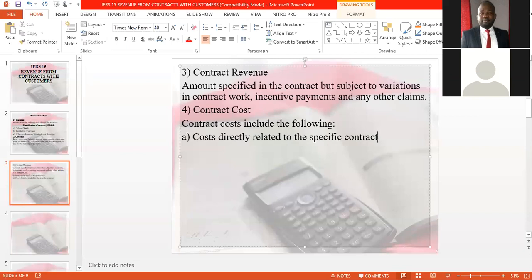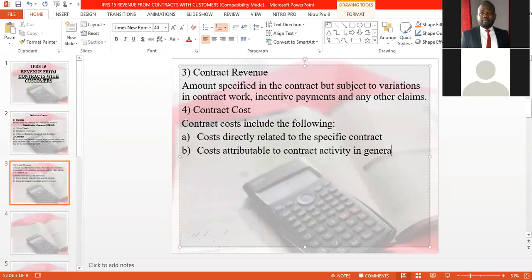Number 2, now what we were talking of before. If there are any variations, so costs that are attributable to contract activity in general. Costs attributable to contract activity in general.